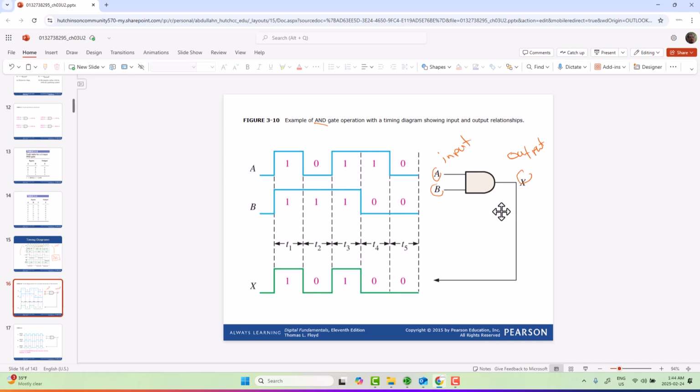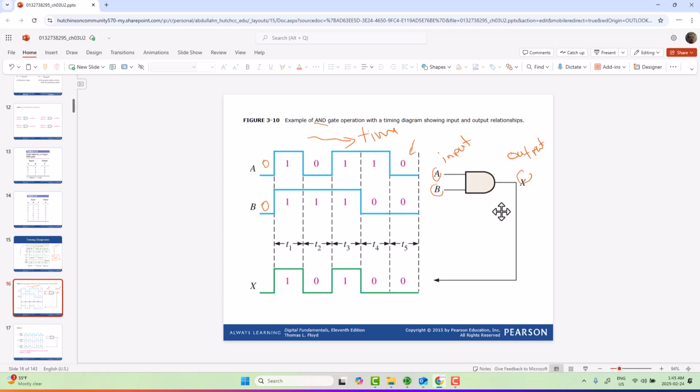However, the timing diagram represents the passage of time. This is the latest, this is the oldest time. So it tells us what's really happening. So for example, here both A is 0 or low and B is 0. So what happened?